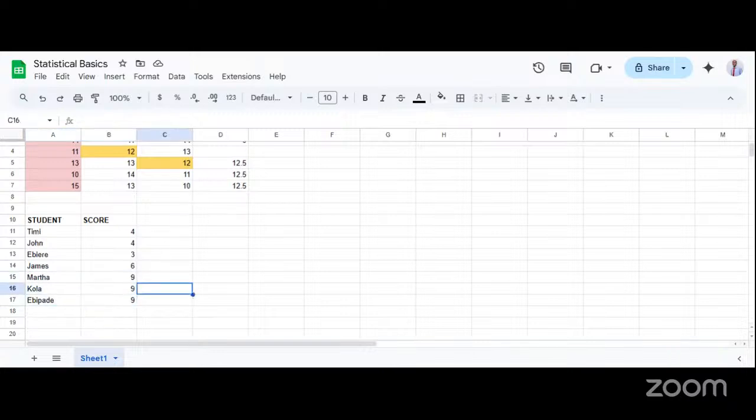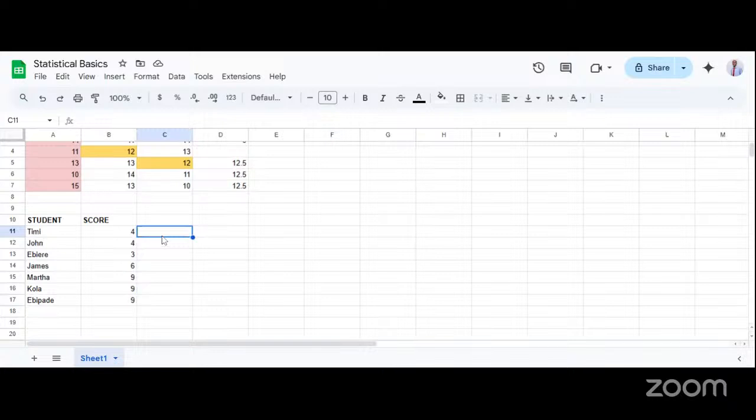So using the principle of mode, the most frequently occurring value in a data set, this is 9. The most frequently occurring value in this context. So the mode now becomes 9 in this context.